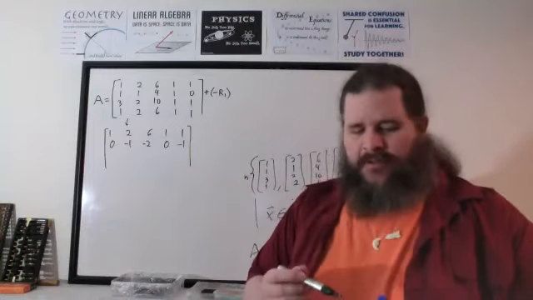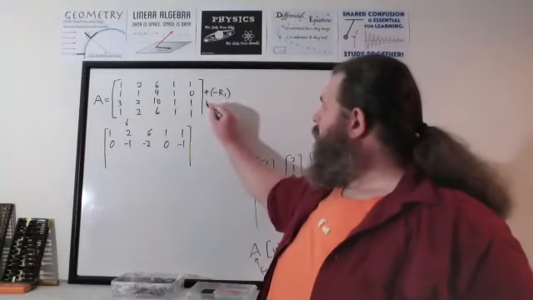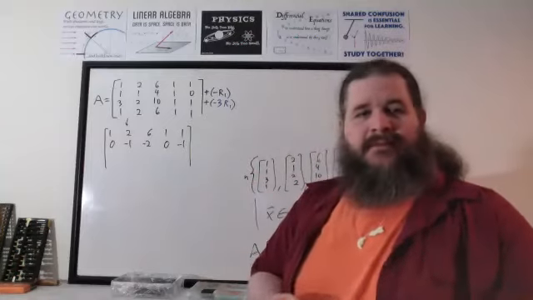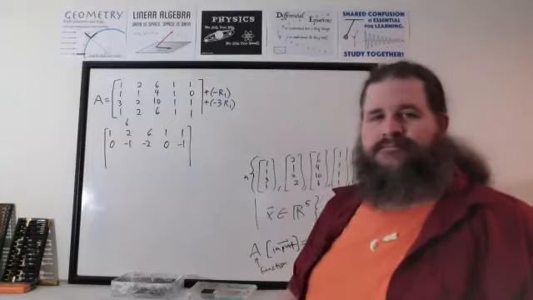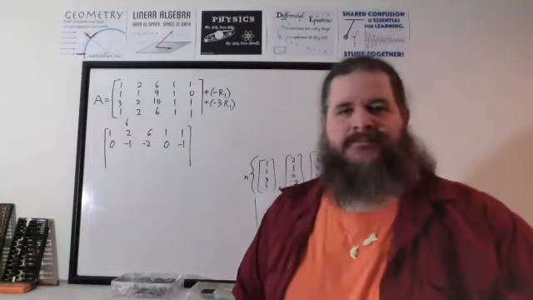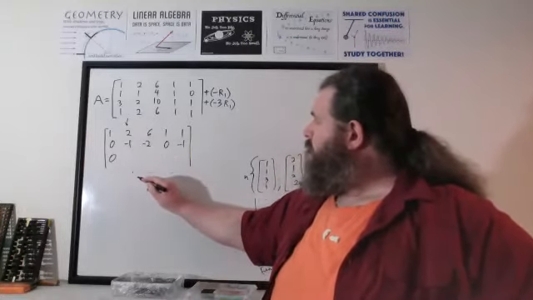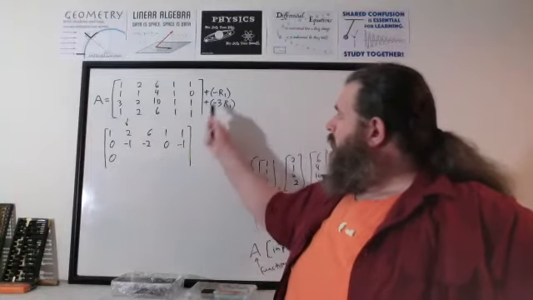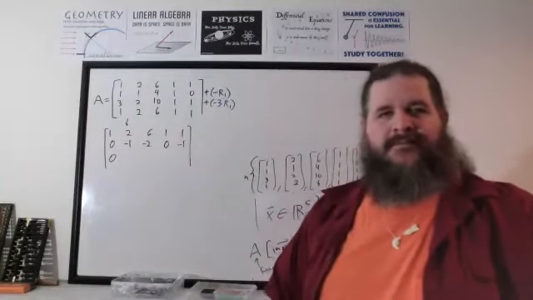And then while we're at it, we may as well also modify the third and fourth rows. We want to get rid of this 3. So we will add -3 times row 1. And what do we get there? What would our new row 3 look like if we do that operation? It'll be 0. And then -3. So 6 plus 2. We've got a -6 though, and we're adding the 2, oops. -6 plus 2, -4.